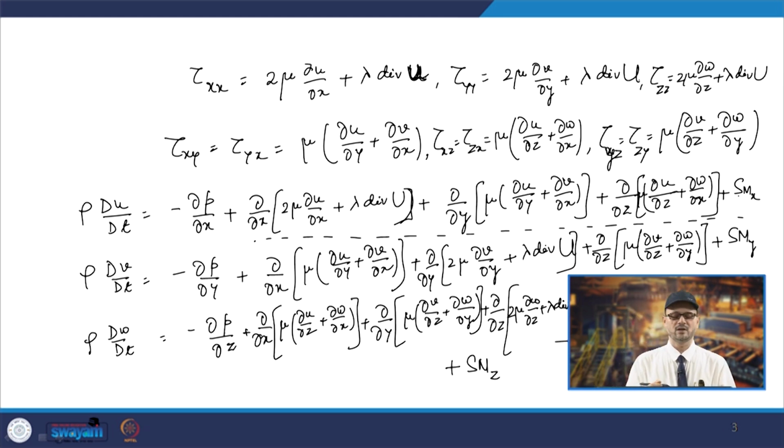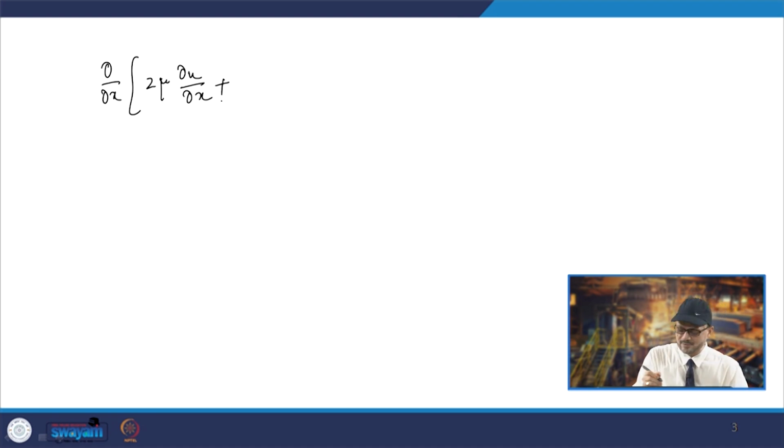If you take this part and we write further, we are writing basically dou by dou x of 2 mu dou u by dou x plus lambda div u.